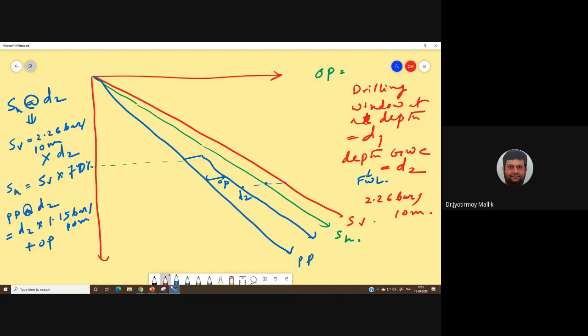And then what I will do, I have to calculate the pore pressure at D1.